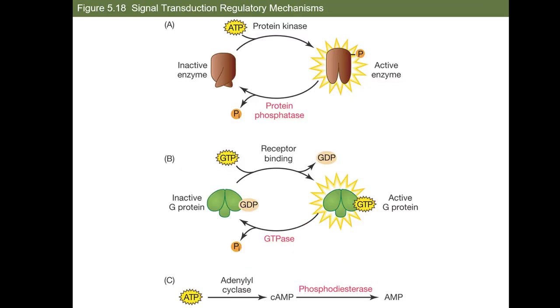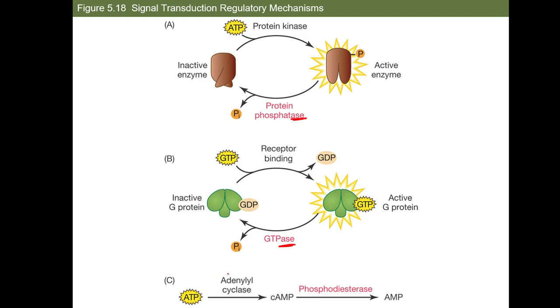So here, an inactive enzyme gets activated by ATP, and the active enzyme then gets inactivated again by protein phosphatase. Here we have GDP, and it gets activated by GTP. It then gets deactivated by GTPase. If it ends in -ase, it's an enzyme.